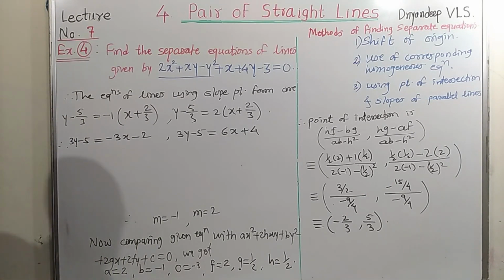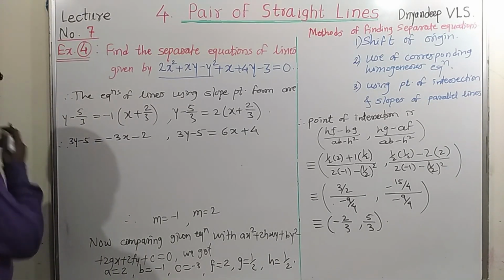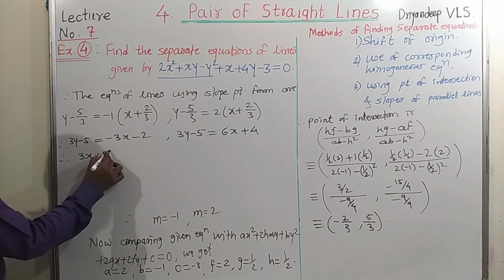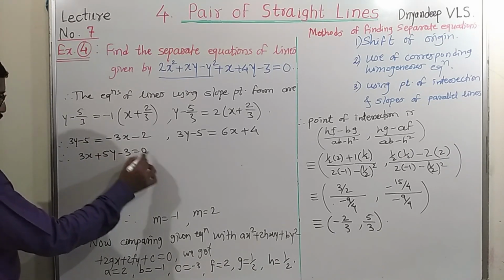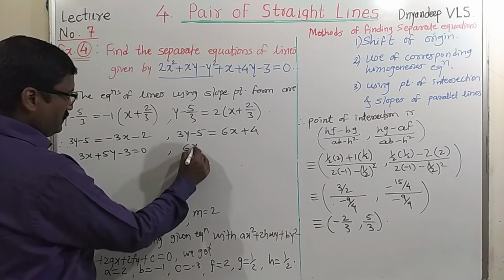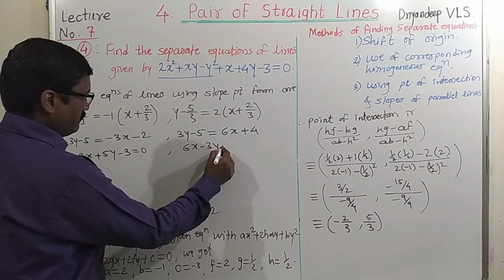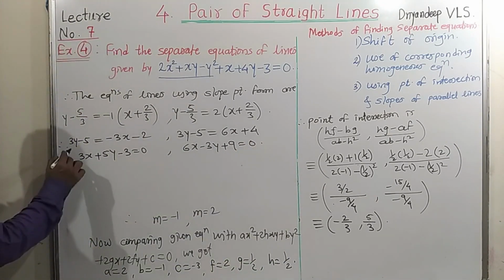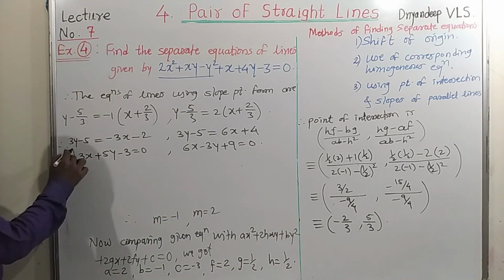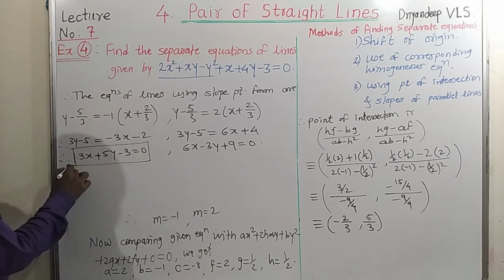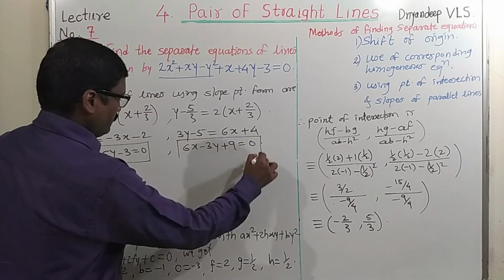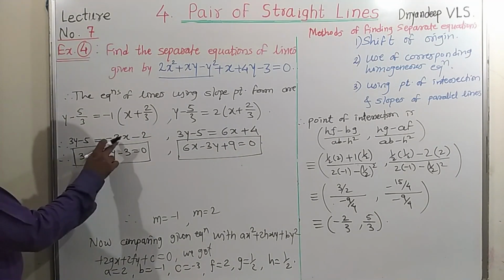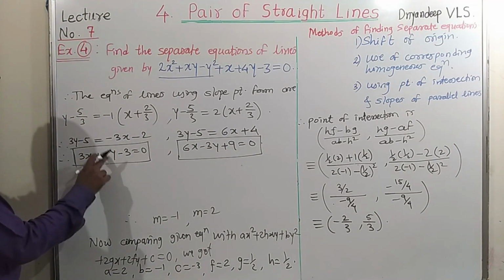Okay. Therefore, the lines are 3x plus 5y minus 3 equal to 0 and 6x minus 3y plus 9 equal to 0. So these are the equations of separate lines by using this method. Here is 3, not 5, 3x plus 3y.